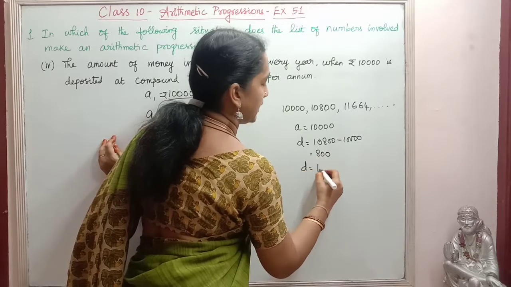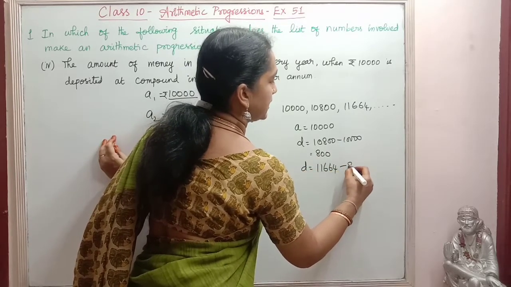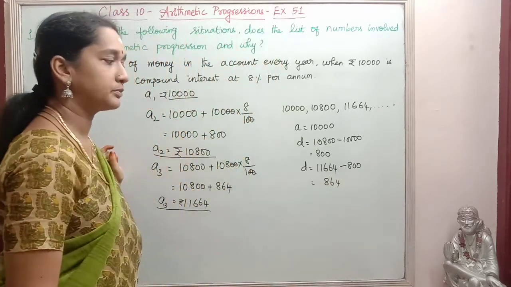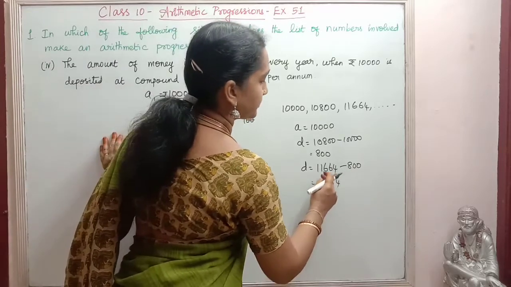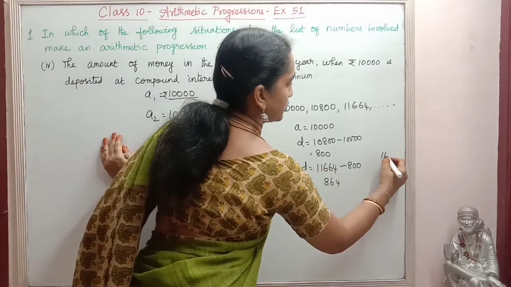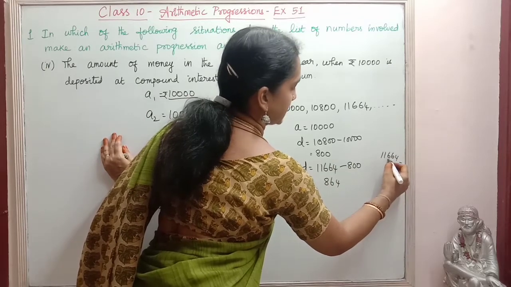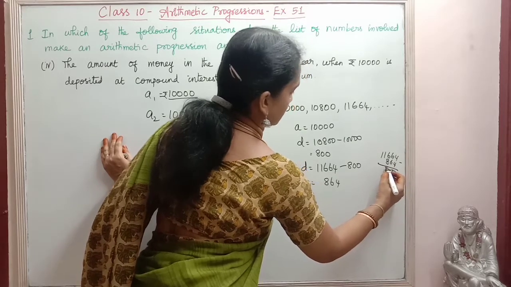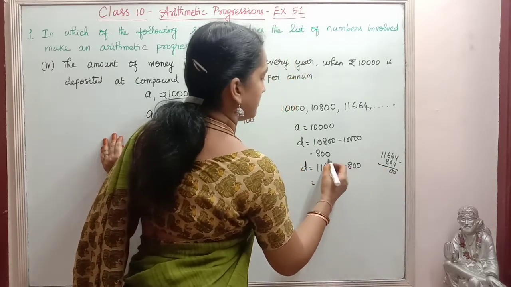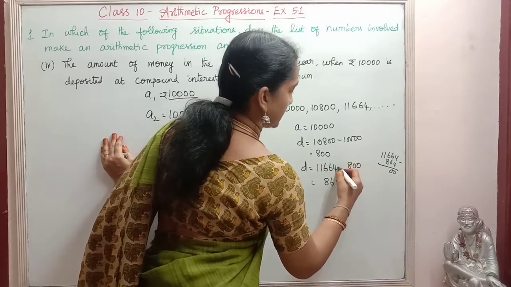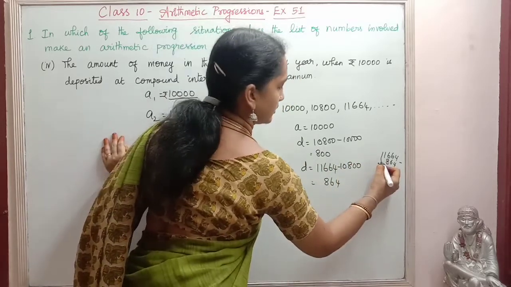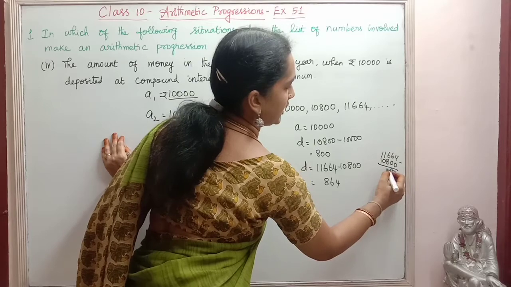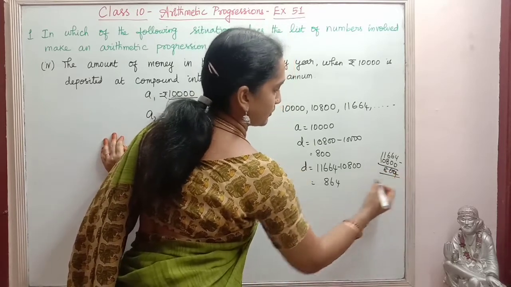Then the next difference will be 11,664 minus 10,800, so the difference will be 864.